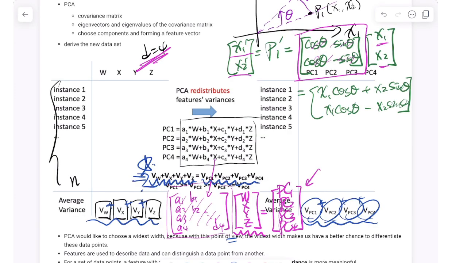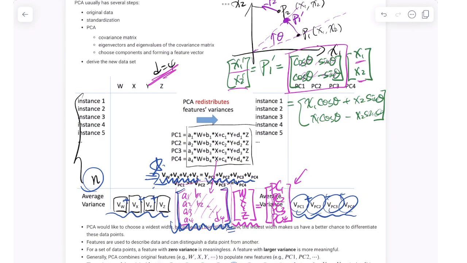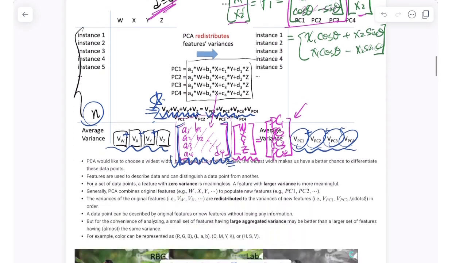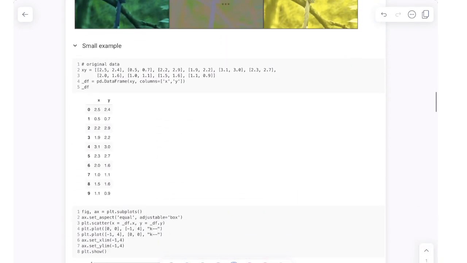So how do we find such new axes? It really depends on the n data points, and that is the matrix we have to find. Because we don't have much time to talk about this, I will give you a small example.